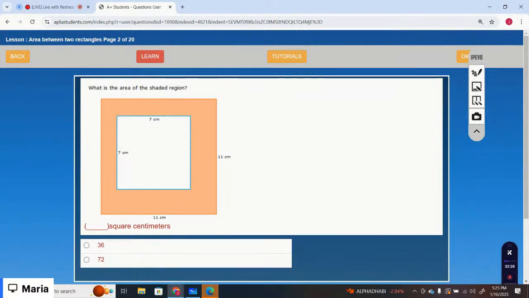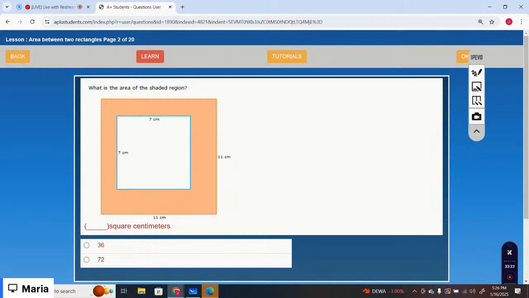What is the area of the shaded region, which is the correct option? Which is the correct option? Option number 2 is the correct option.